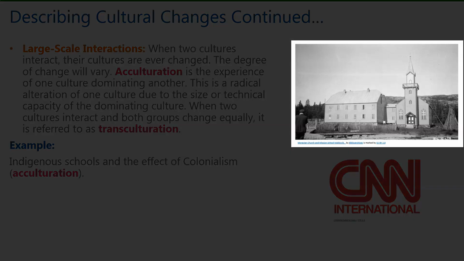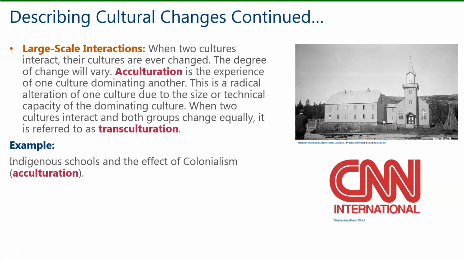This photo here is of the Moravian Church and Moravian Mission School in Makkovik. The Euro-Christian culture and colonialism dominated over Indigenous culture in various areas throughout Canada. And, of course, as part of Truth and Reconciliation, we are still working on righting the wrongs of those particular experiences.